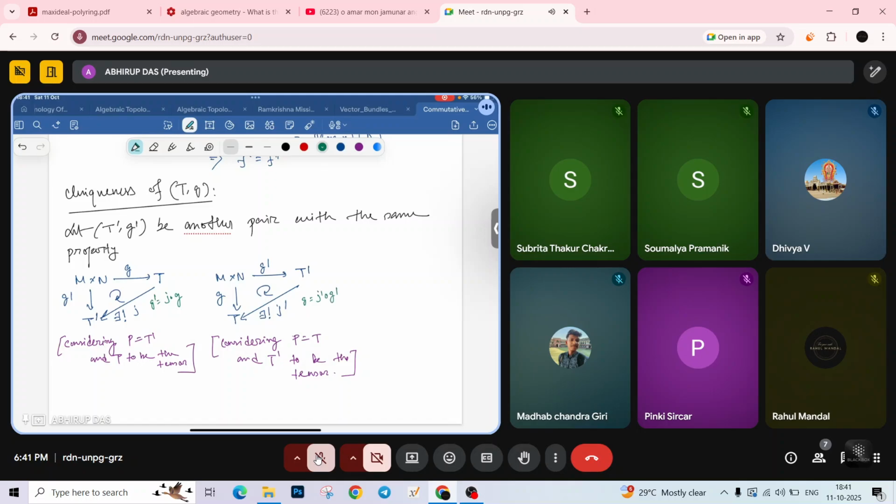Have I written it correctly? J compose G equals G prime, yes, correct.